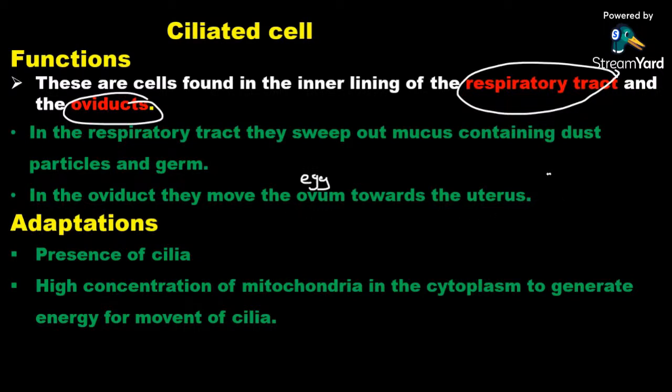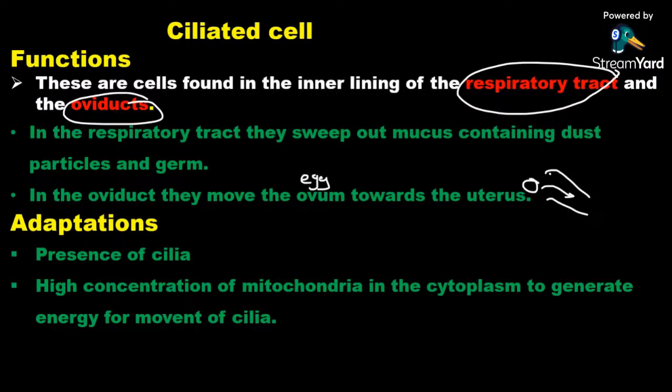When the egg is produced by the ovary, it is pushed into the oviduct by the wave of the ciliated cells toward the uterus.